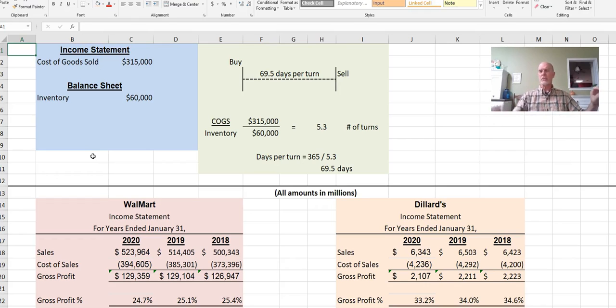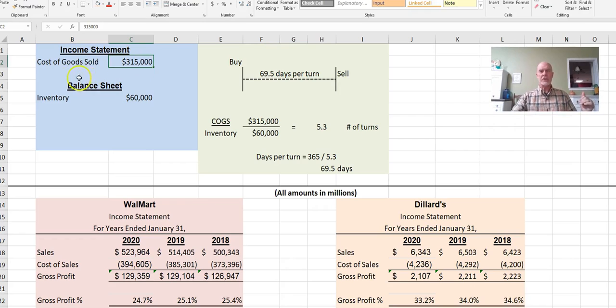And cost of goods sold will do that. On the income statement, cost of goods sold tells you how much product you moved or sold to customers throughout the year. Now, the sales number also measures that, but it's measured in sales prices, and we're going to focus on the cost because we're going to compare it to how much we have in inventory.